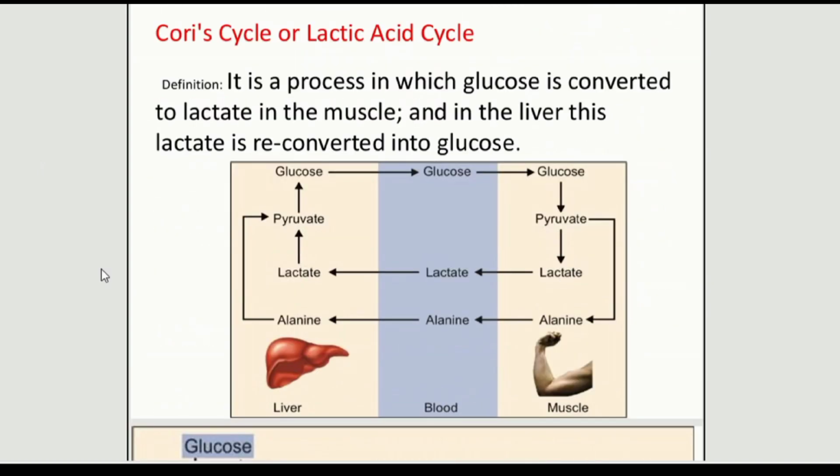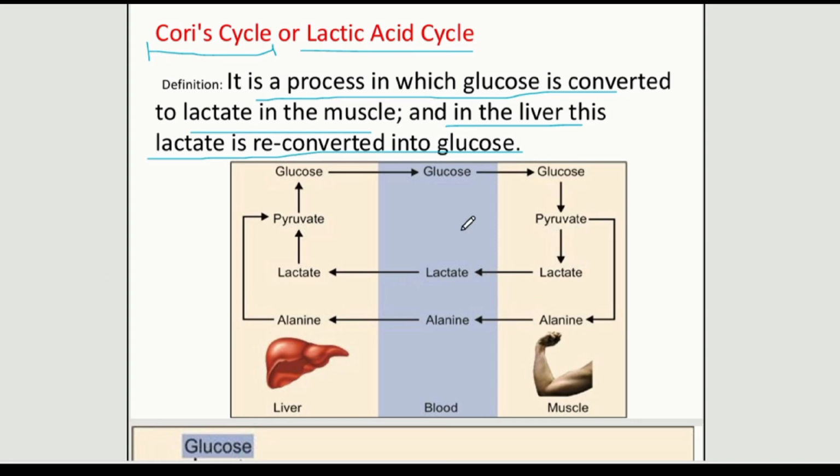Now there is an important cycle, that is the Cori cycle or lactic acid cycle. It is a process in which glucose is converted to lactate in the muscles, and in the liver this lactate is reconverted to glucose. What is happening here?